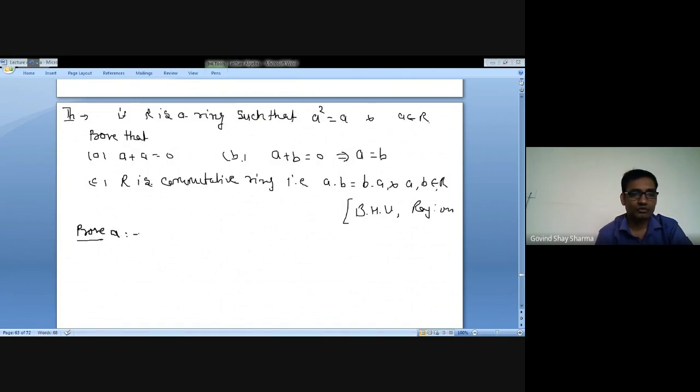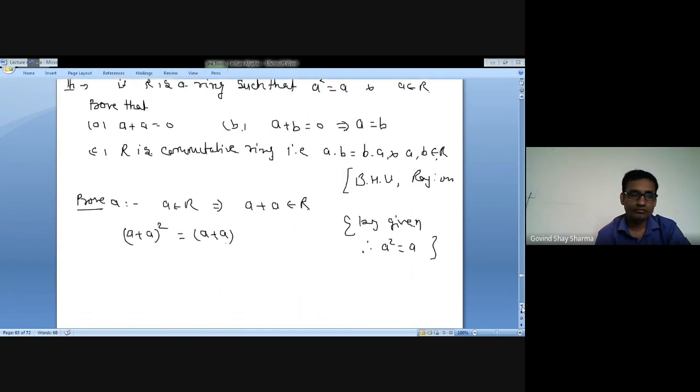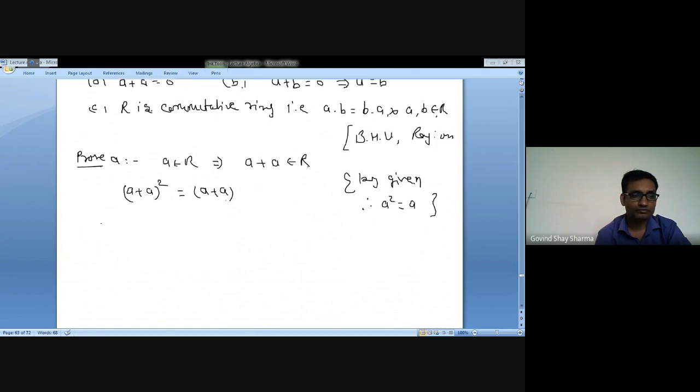First part. a belongs to R. So by Boolean ring we can write, by given, a plus a.